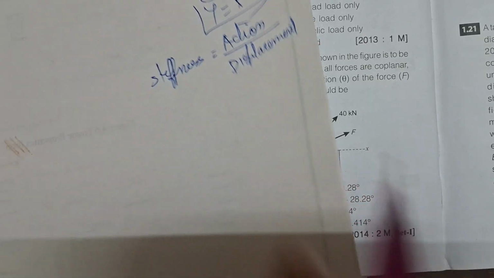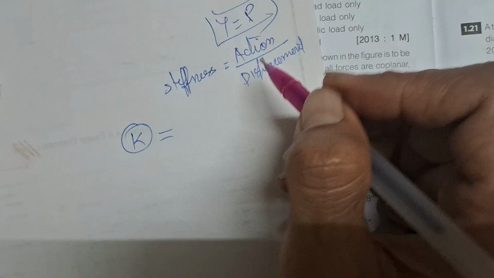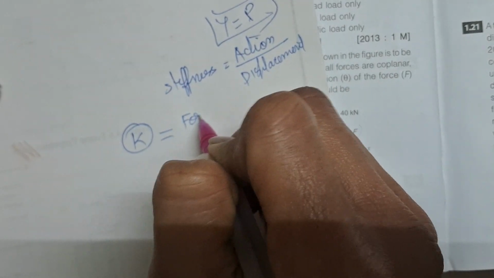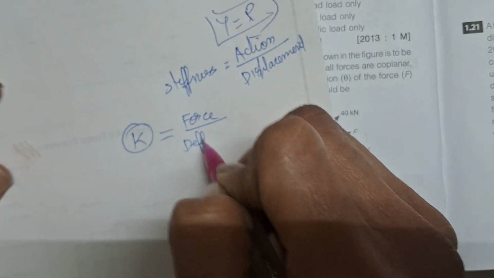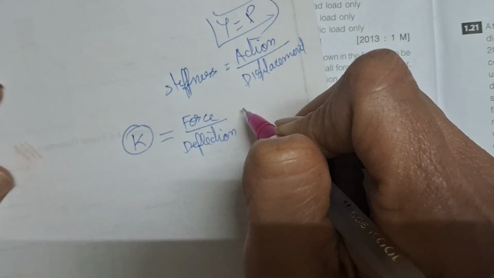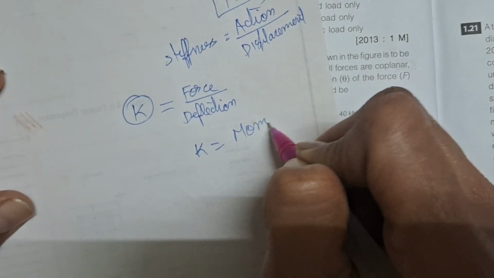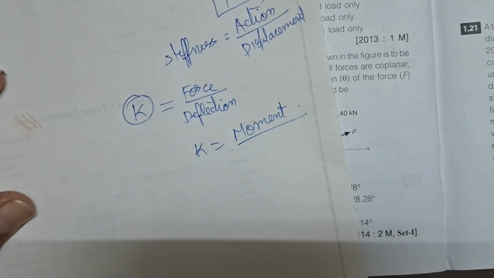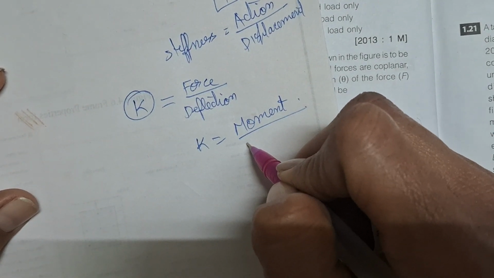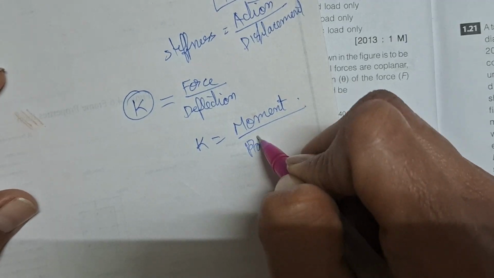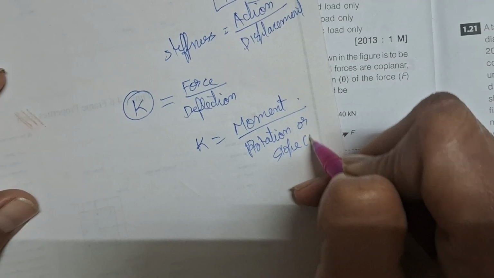It is denoted by K. Action means force and displacement means your deflection, or even action may be a moment also, okay. So moment is also action and the displacement will be rotation or slope, that is theta, okay.